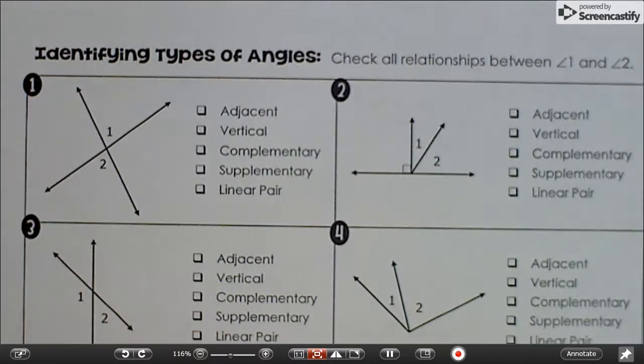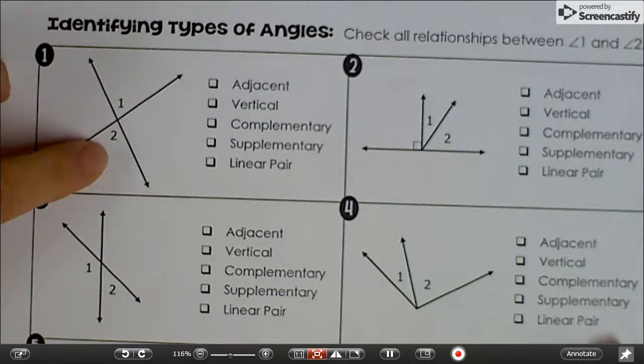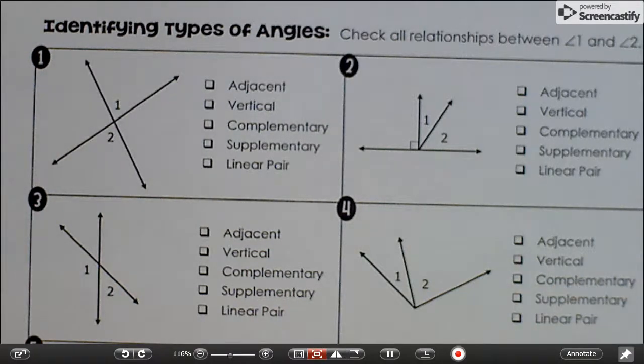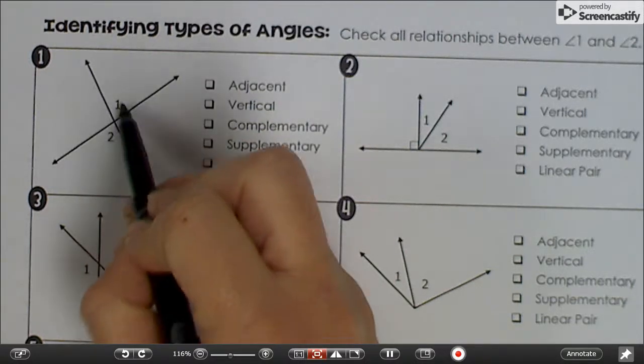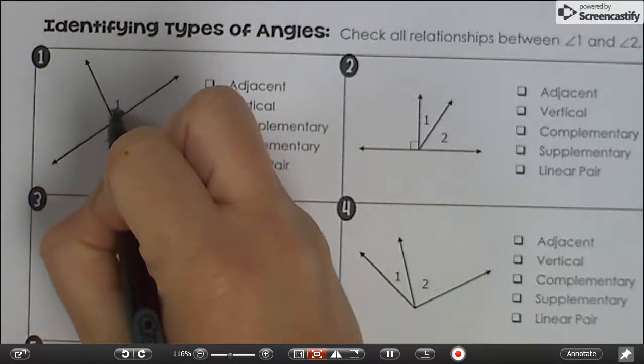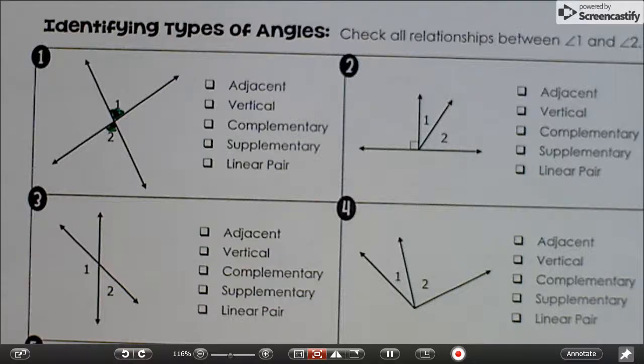So in number 1, we're talking about the angles that actually have the number 1 and 2 in them. Not all the angles in the picture, just the ones that are labeled with something. These are not adjacent angles because they don't share a side. They're not touching each other besides at the basically nose.